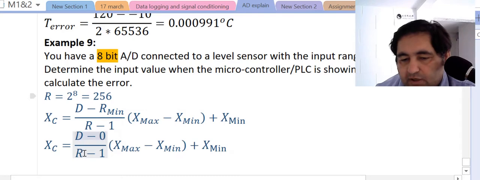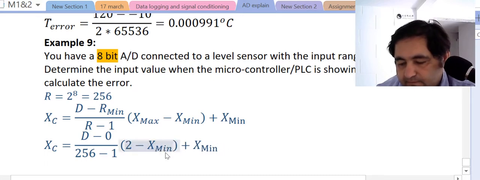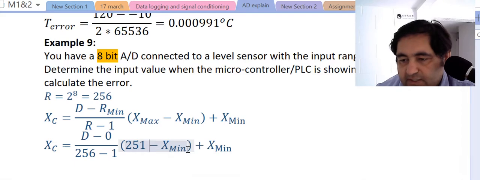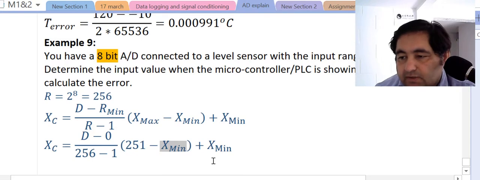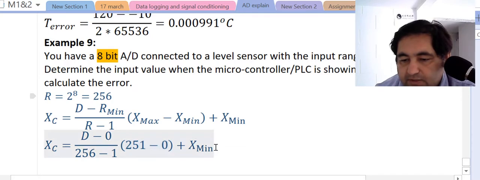R minus 1 and R equals 256 minus 1. Here we have X maximum, which is 251, and X minimum is going to be 0 for this case.